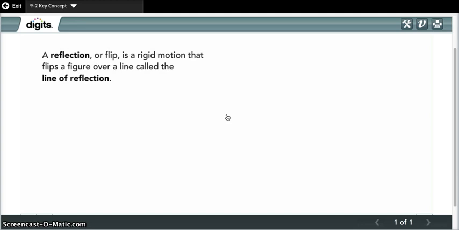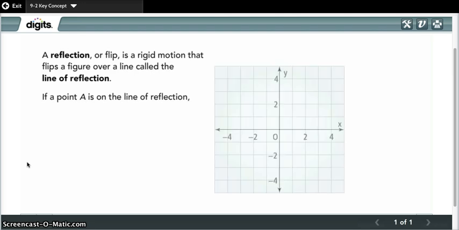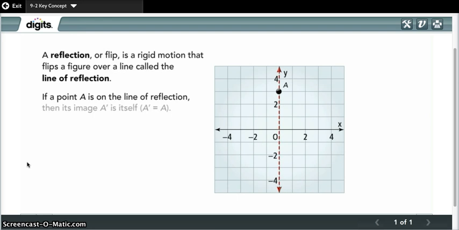A reflection, or flip, is a rigid motion that flips a figure over a line called the line of reflection. If a point A is on the line of reflection, then its image A' is itself.